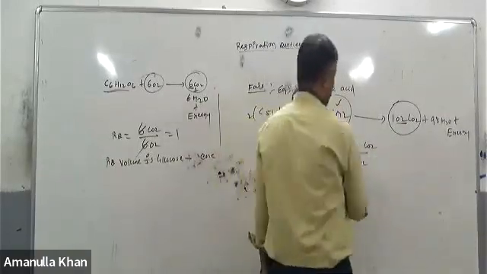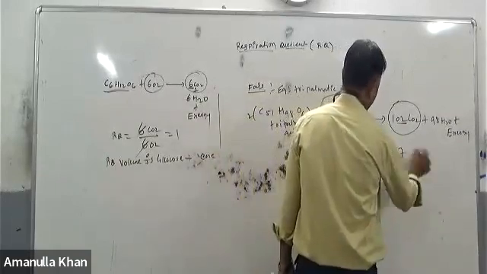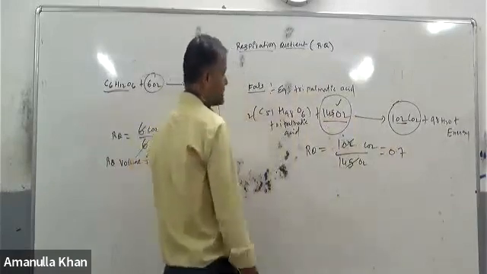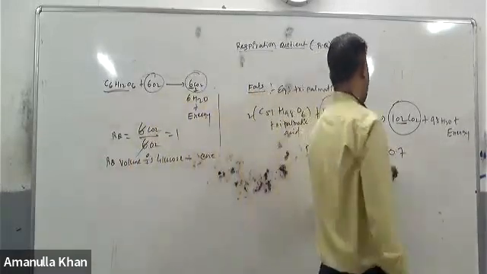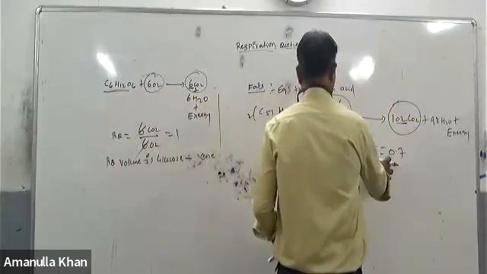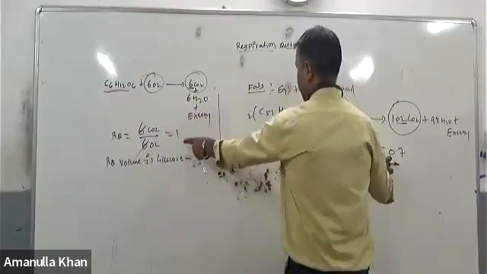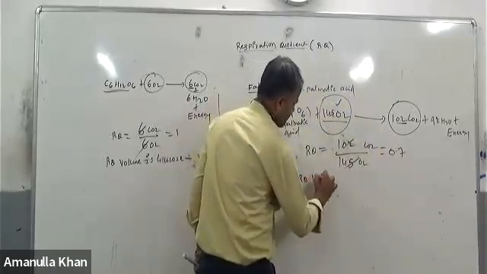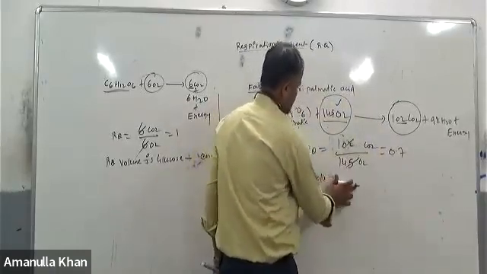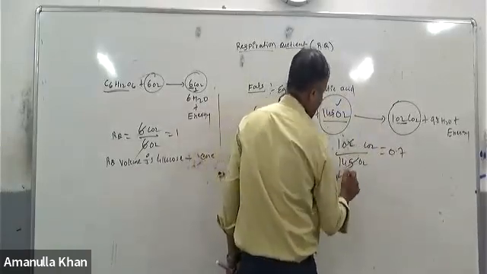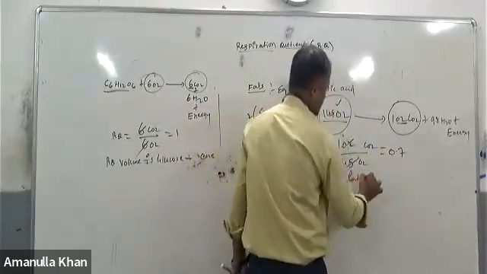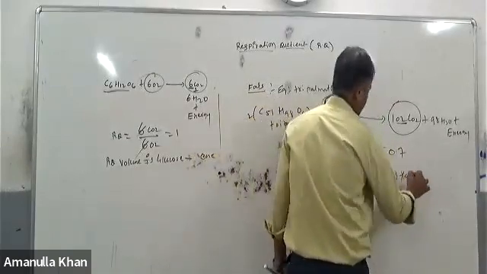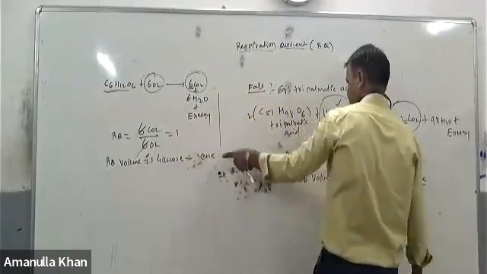So the value is 0.7. The RQ value of tripalmitic acid, or fat, is less than 1.